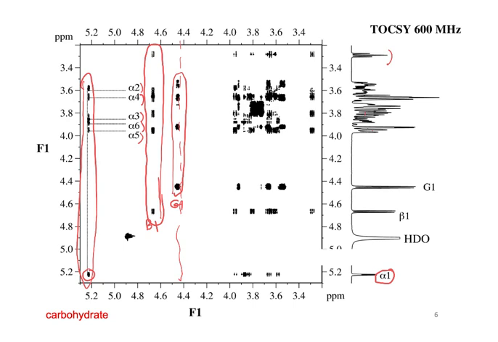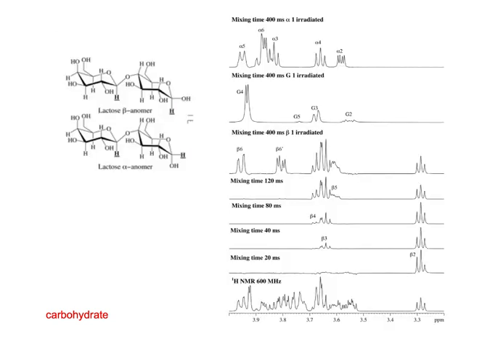The other way to do it, for each of these two-dimensional experiments like the TOCSY, there's also one-dimensional experiments that you can do as well. So this is an example of that, where here we have on this bottom one, so in these cases, it's like the difference NOE where we irradiate on one signal, and then what we see is all of the signals that have been changed or that are relayed to from that signal.